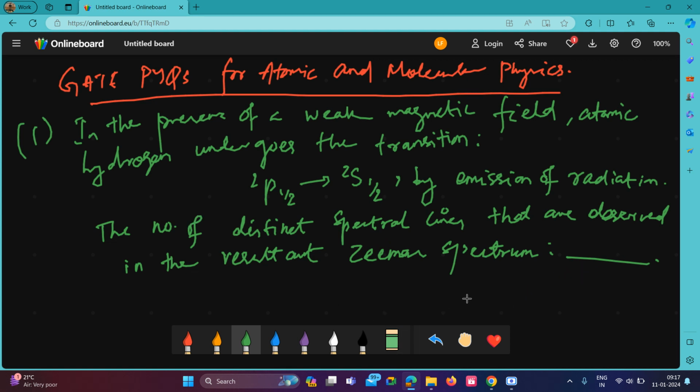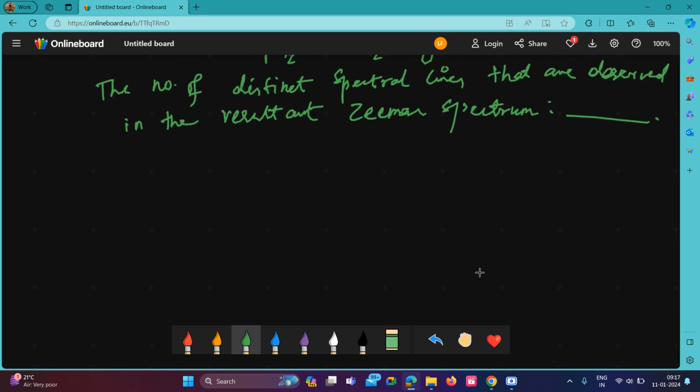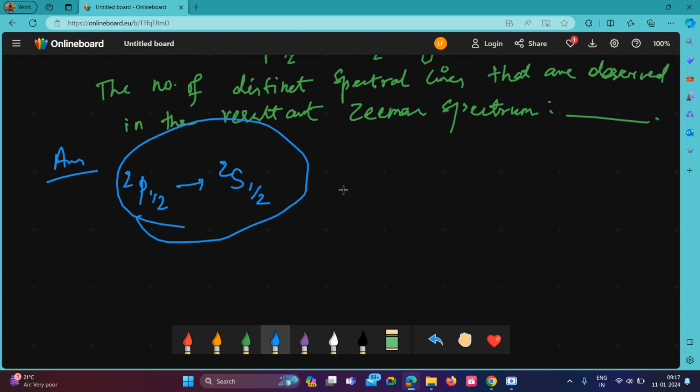So how to solve this question? What is the transition given? 2p1/2 to 2s1/2. If you remember, this is called the sodium D1 line. How many splittings will be there?